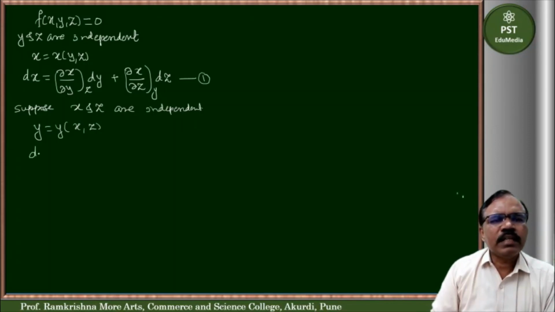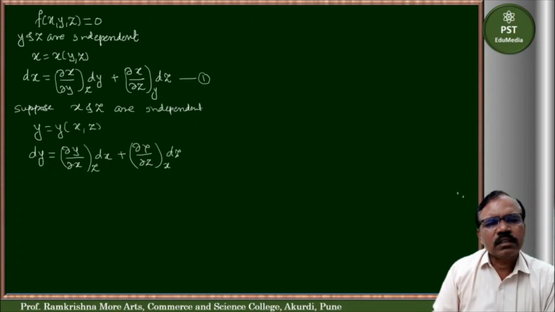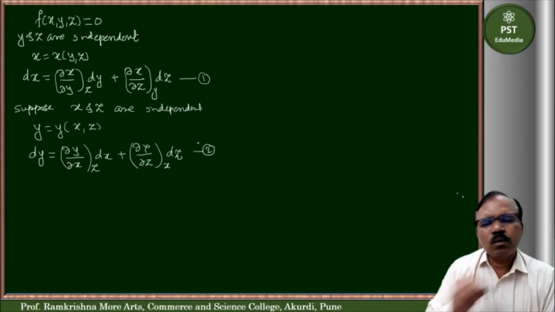So what is dy here now? dy is partial y by partial x, keeping z constant, into dx, plus partial y by partial z, keeping x constant, into dz. Let us call this equation number 2.